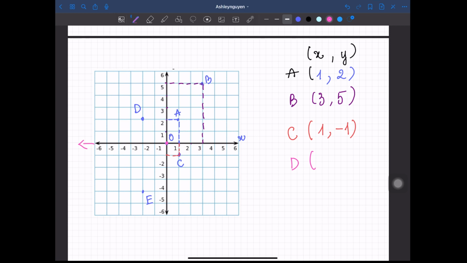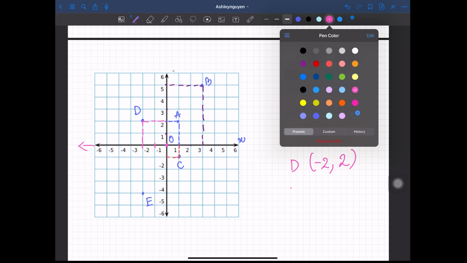So D has the x coordinate of negative 2, and the y coordinate, moving up the vertical line from the origin, 1, 2. So D has the y coordinate at 2, and D has the coordinate (-2, 2).